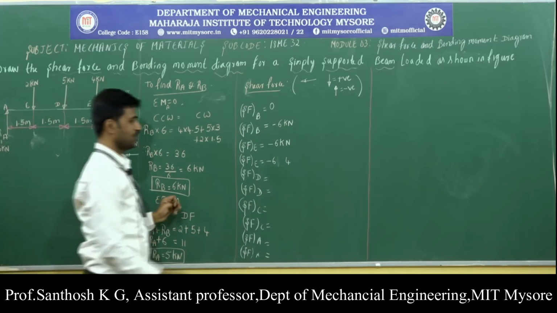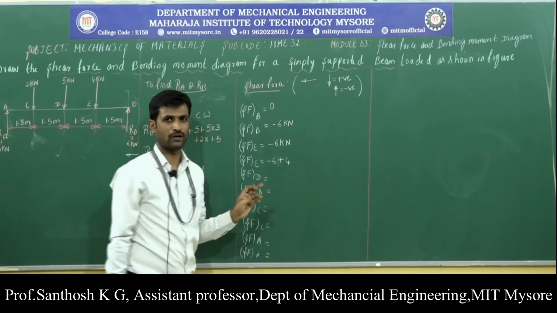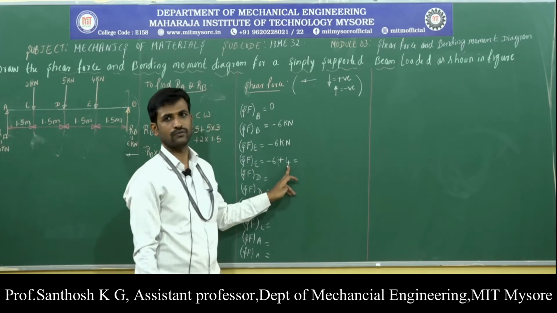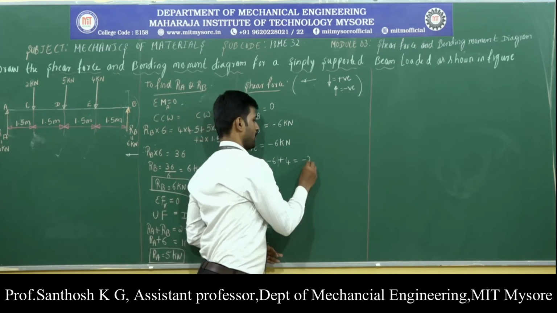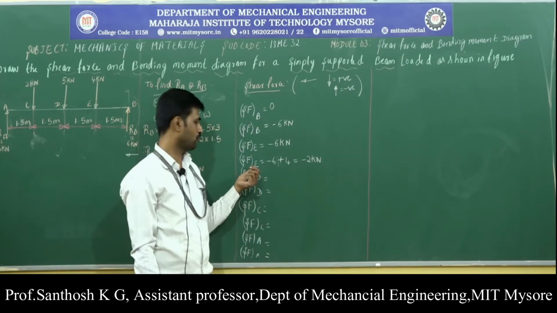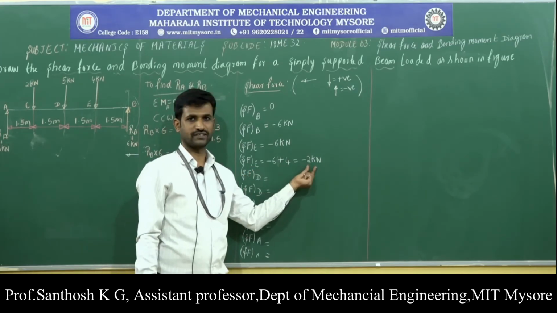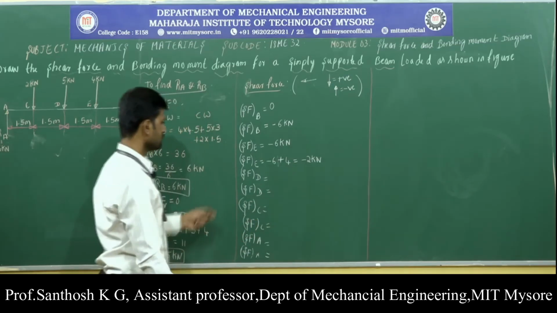Since it is acting in downward direction, I should denote it with a positive sign. So, minus 6 plus 4. So, it will be equal to how much? It is equal to minus 2 kilonewton, and this is the net force that will be acting at point E if you consider the shear force that is acting at point E.